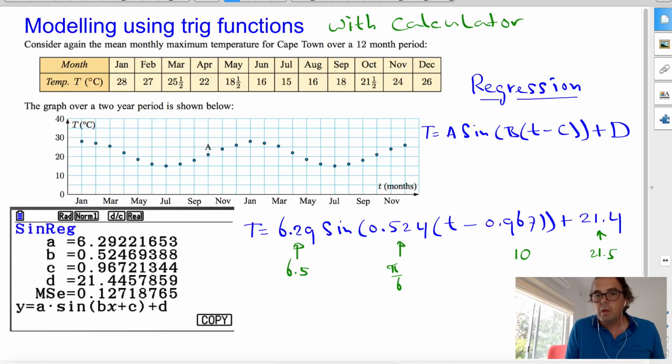We used a negative symbol there, because that's how we do regression by hand, with the negative symbol. But for some reason, this calculator here uses a plus symbol. So that means this negative here should be a plus. So instead of t take 10 in our by hand, it's going to be t plus almost 1.